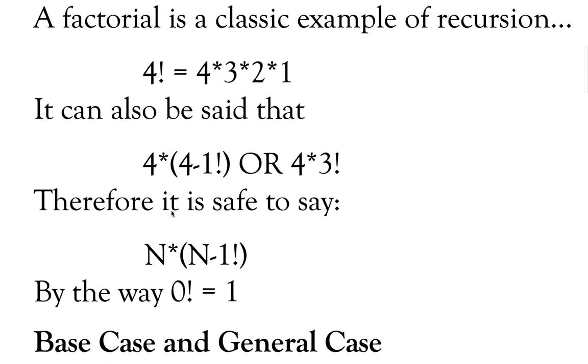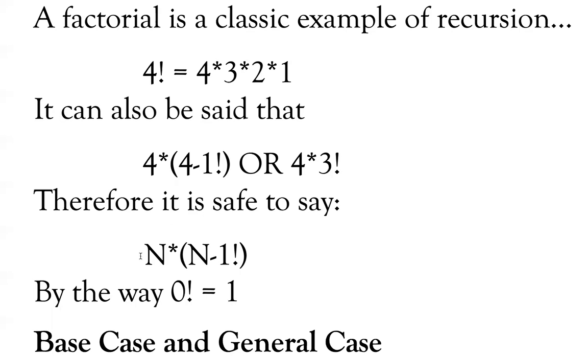So if I were to define an equation for factorial, it can be very easily defined in this manner: if I want to find the factorial of n, I will multiply n into the factorial of n minus 1. So to find 4 factorial, I can simply multiply 4 with the factorial of 3, and I'll have 4 factorial.